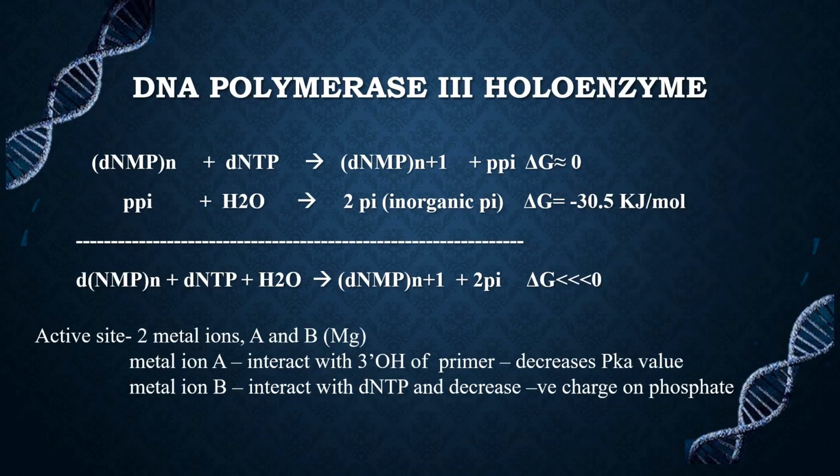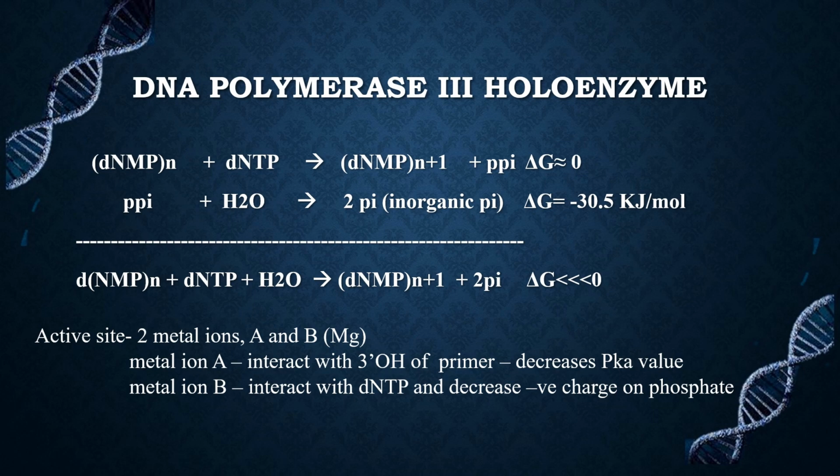So, this is the major reaction occurring during primer extension. dNMP(n) plus dNTP gives dNMP(n+1) plus pyrophosphate. This is the synthesis of the phosphodiester bond reaction. And the second one is pyrophosphate plus H2O gives 2 inorganic phosphate.